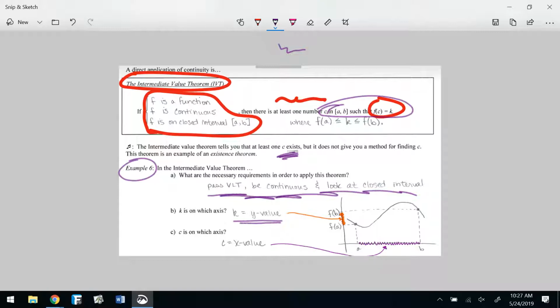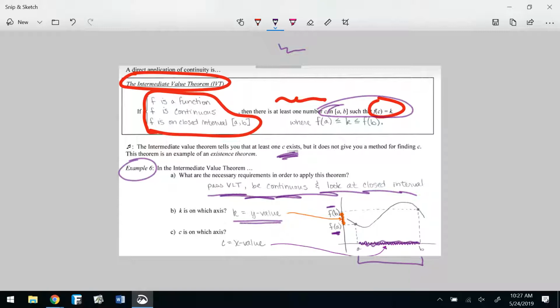So let's say we have that closed interval from a to b right there, and we're saying that c is in between those two. c's got to be somewhere there. As long as we're on a closed interval, it's a function, which means it passes the vertical line test, and it's continuous, you have your f of a right there and your f of b there.